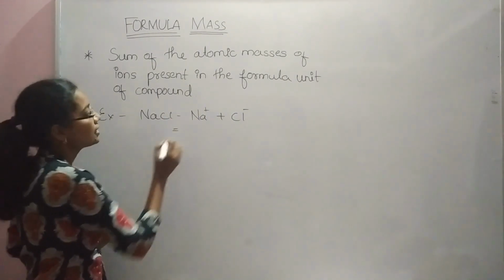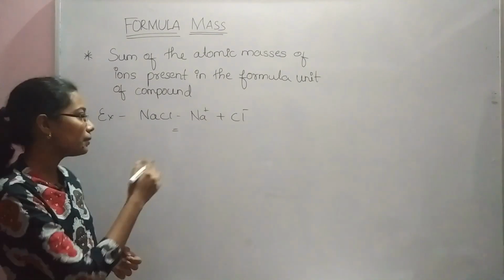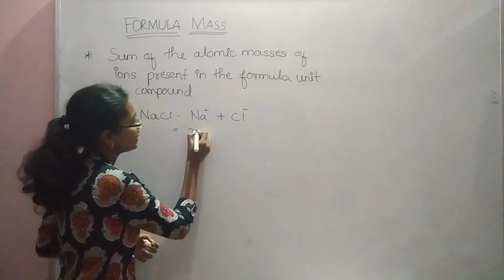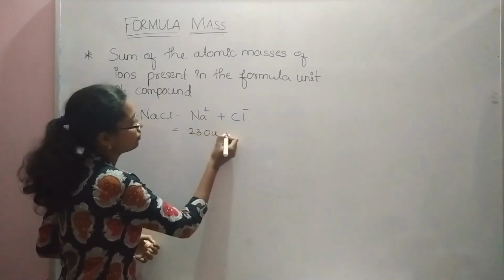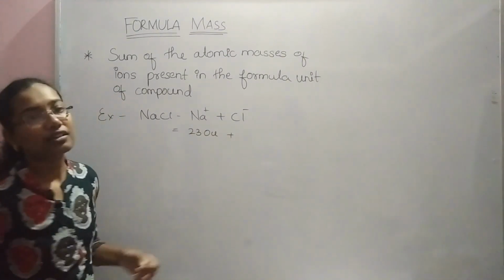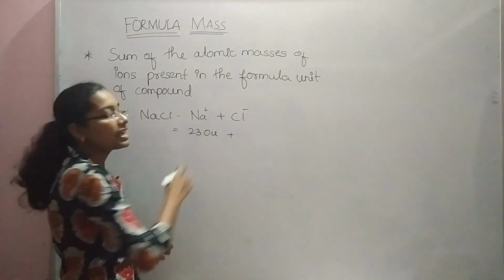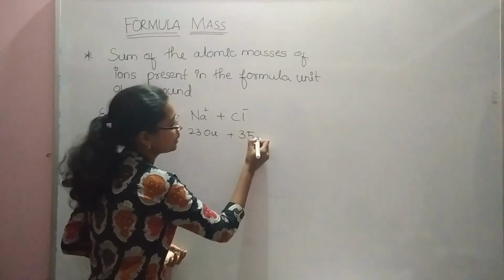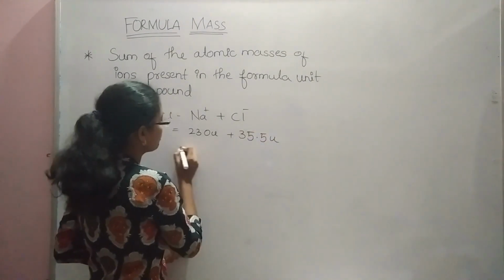Here, what is the atomic mass of Na+, that is sodium? That is 23.0 u. u is the unit. And what is the atomic mass of chlorine? That is 35.5 u. So what we get?